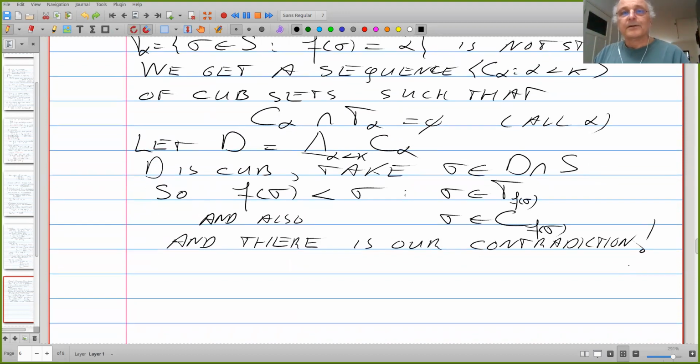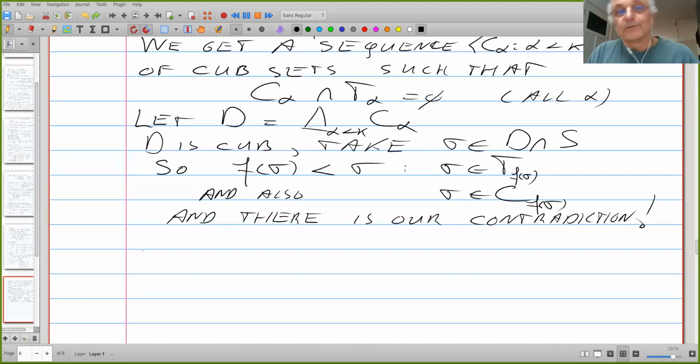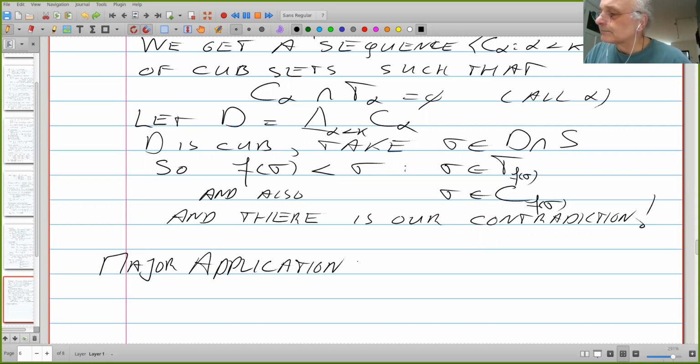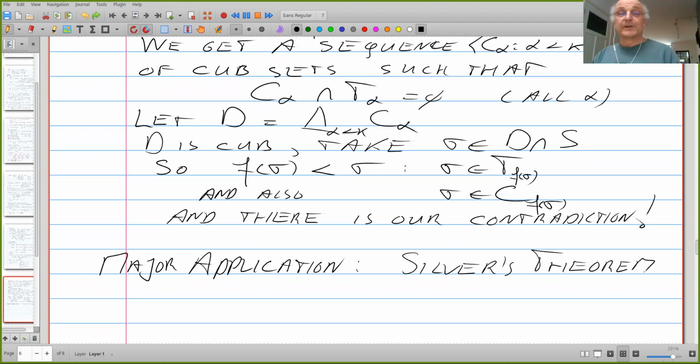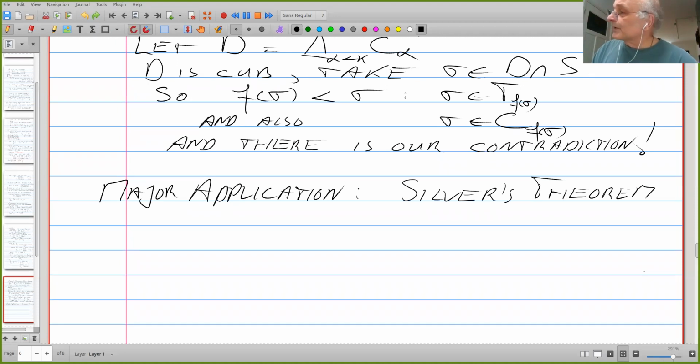A major application, which I won't have time for, but if you feel like reading something else, there are more theorems of Silver, but the theorem of Silver that I'm talking about now is in the very chapter that we are reading.